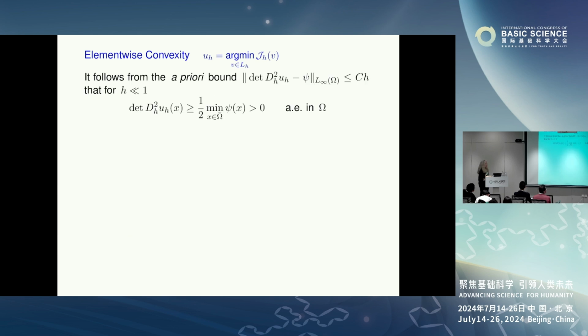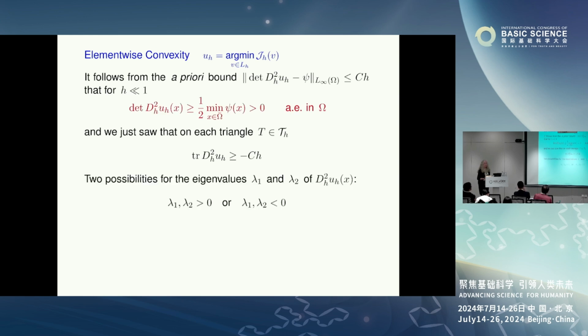And we saw earlier that the determinant of the piecewise Hessian of UH is strictly positive. And we just saw that on each triangle, we have a lower bound for the trace. So there are two possibilities for the eigenvalues of our Hessian. They're either both positive or they're both negative.